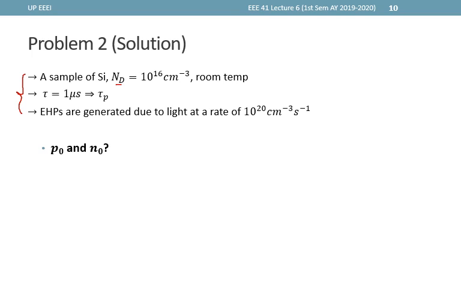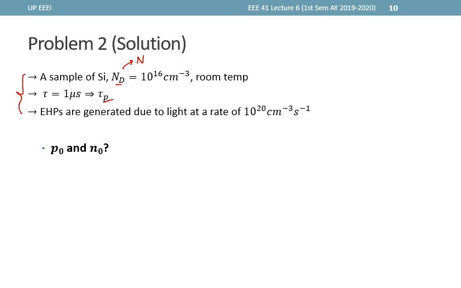For the next one, we are given that the recombination lifetime is 1 microsecond, so that is tau, although specifically we'll denote that as tau p since the recombination lifetime is actually the minority carrier recombination lifetime. And for this N-type material, the minority carriers are holes.